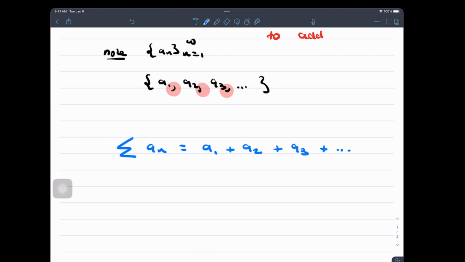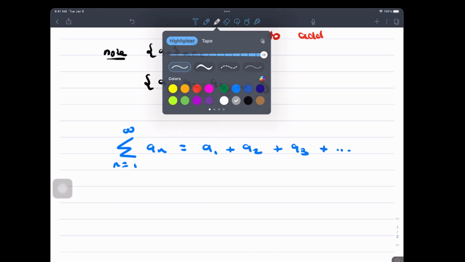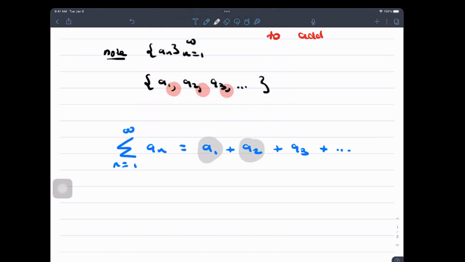So you change the comma to a sum, and now we are adding these terms, and notation-wise, we say n is 1 to infinity. So there's a notation: A1 plus A2 plus A3, and that goes on forever.